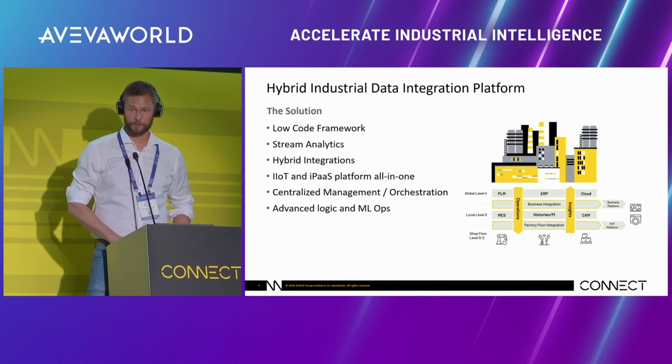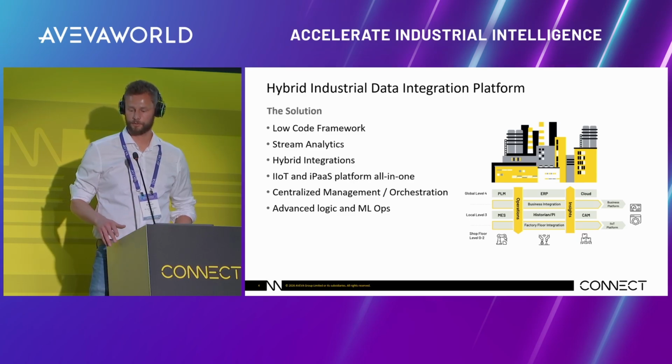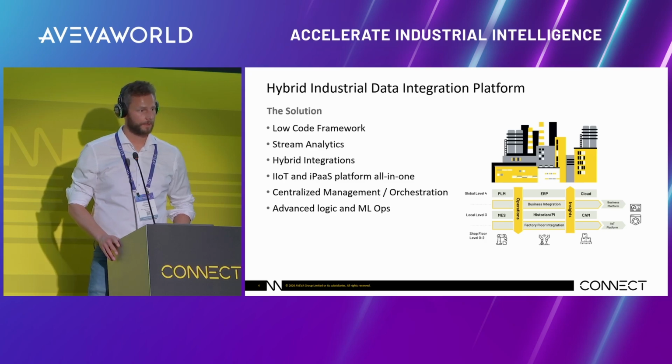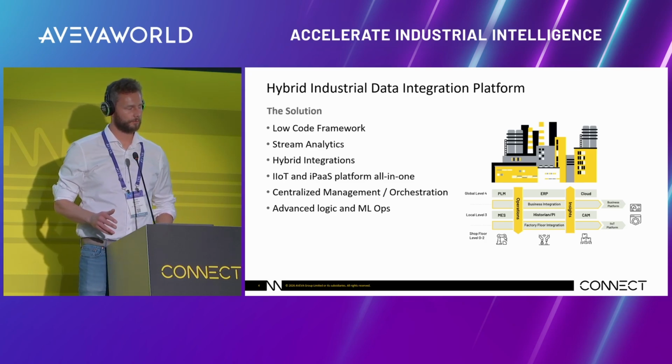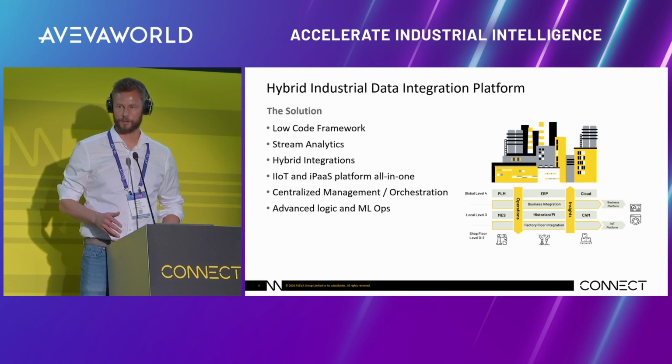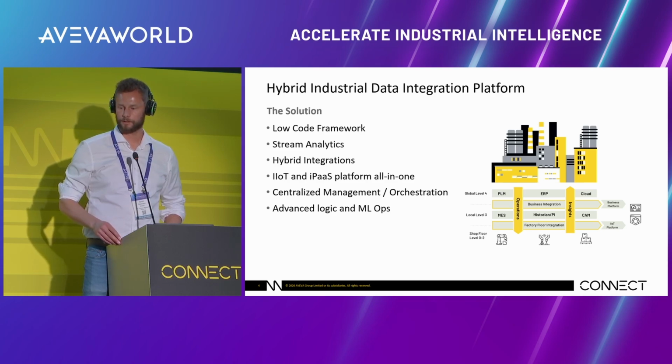So to begin with, to give you a little bit of an idea of what Connect Flows is, formerly known as Crosser, it is essentially a tool that allows you to build integration between systems on different levels. When we specifically look at industrial environments, you usually have different levels and different systems at different levels.